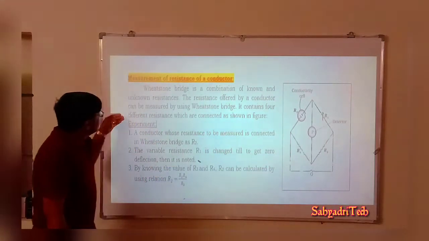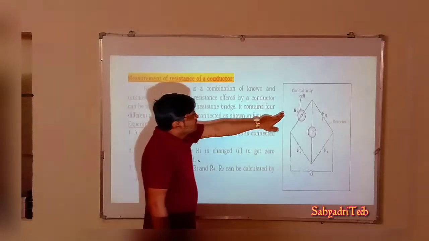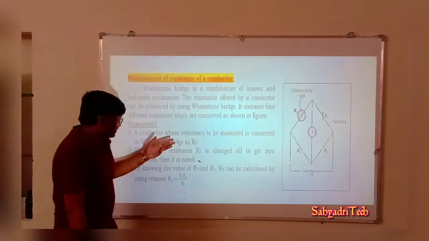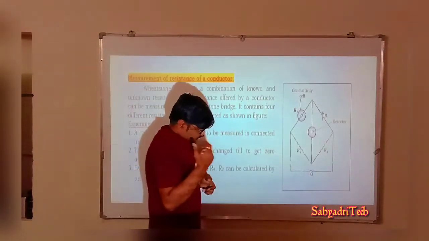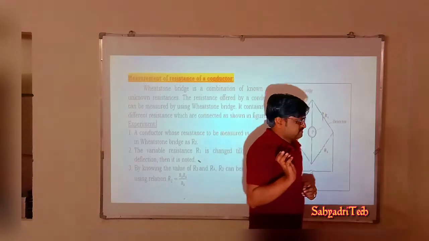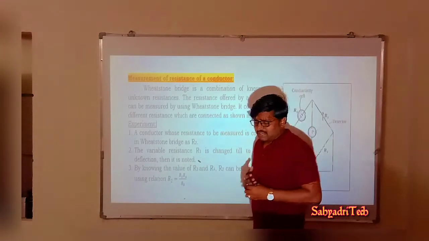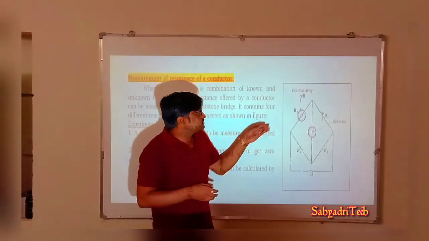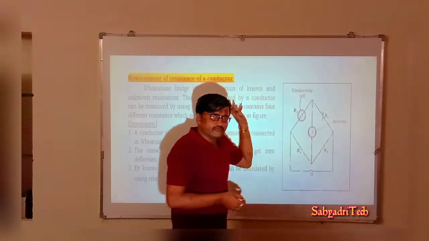When you think of determining the unknown resistance R2, it is done with the help of Kirchhoff's laws. In physics there are Kirchhoff's junction law and Kirchhoff's loop law. According to those, it is possible to determine the unknown resistance with the help of the Wheatstone bridge.